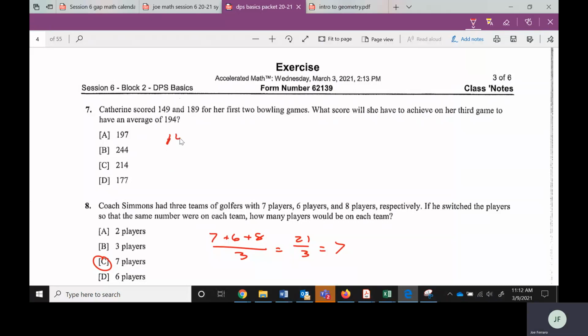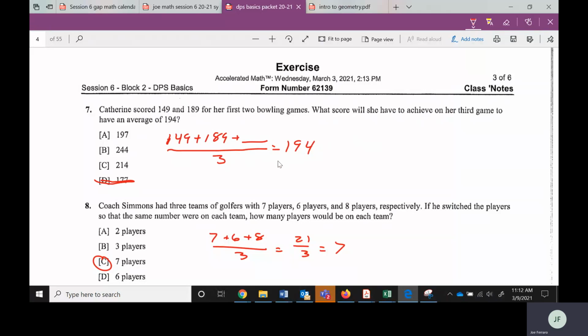So we've got 149 and 189 and something. And if there's going to be 3 games, we have to divide that by 3, and we want that to equal 194. So the first thing you should think is, well, both of these are under 194, so this one's got to be over 194 to get there. So that can cross off this.